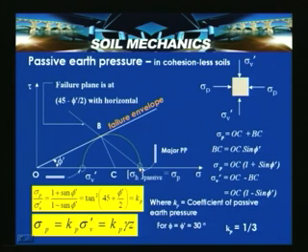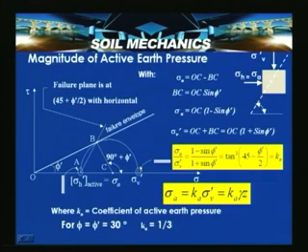In the case of the active state, we drew from here to here, and the failure plane is indicated at 45 plus phi by 2 at the point where it touches the failure envelope. The failure plane is at 45 plus phi by 2 with the horizontal.